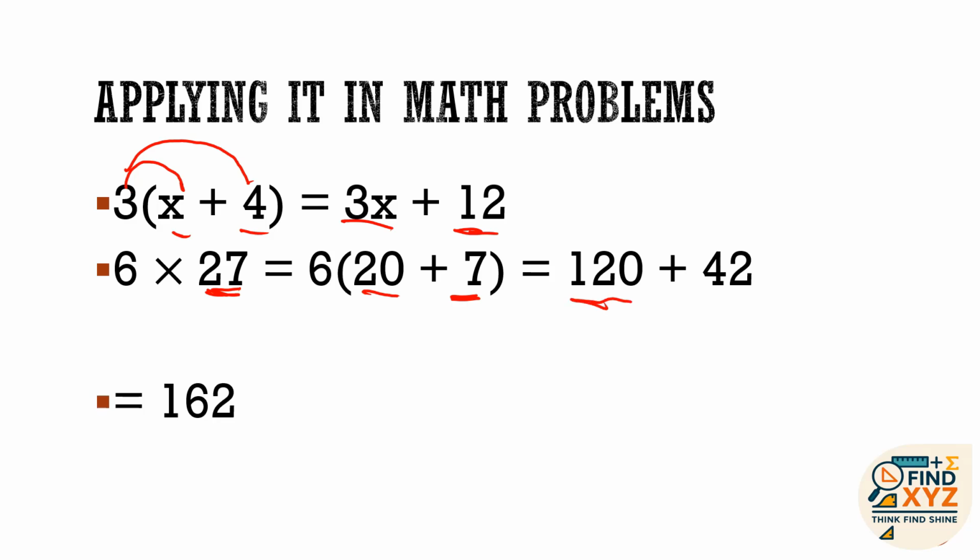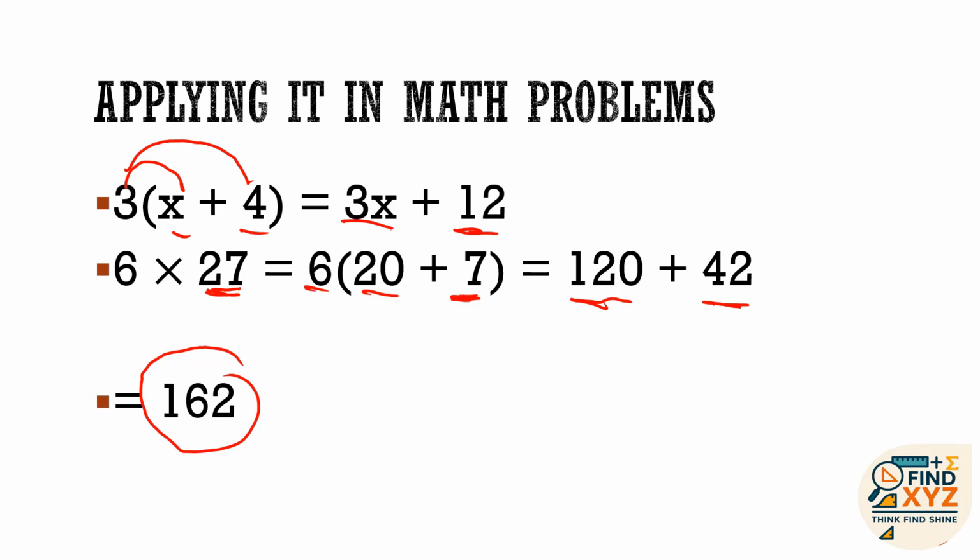Then when you are done, you do 6 times 7, which will give us 42, and the total will give us 162. So anytime you are multiplying 2 numbers and one of the numbers is large, you can break the number down into a sum of 2 numbers or difference of 2 numbers, and then apply the distributive property.